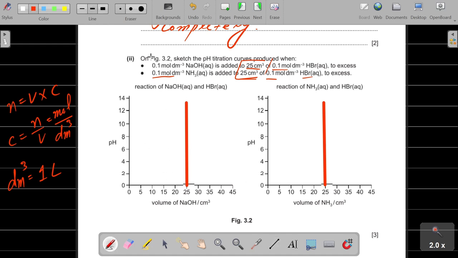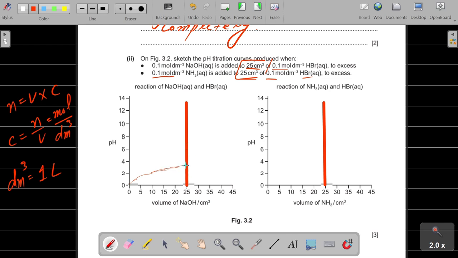So it is a strong base. Strong base means its pH is around 12, 13, 14. So I need to bring the curve up to 12, 13 or 14 because it is a strong base. As I increase the volume, I need to bring it to 25.